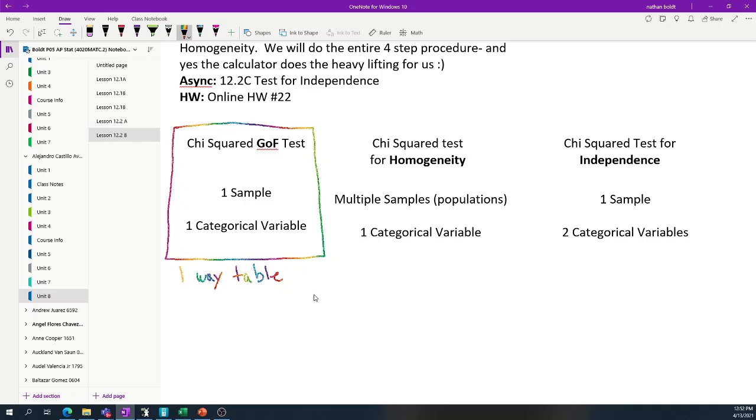And you're seeing, does your sample fit your expected values? You have one sample, you have one categorical variable. Does it fit what you expected?